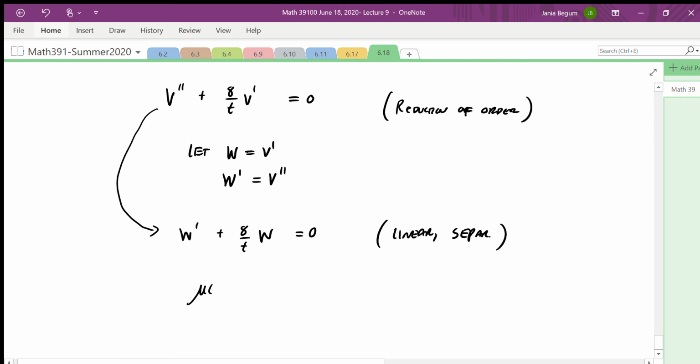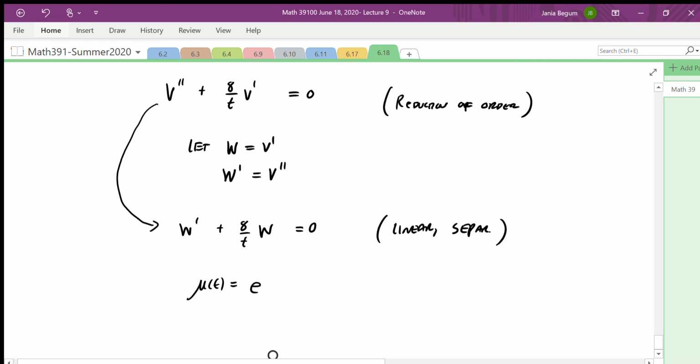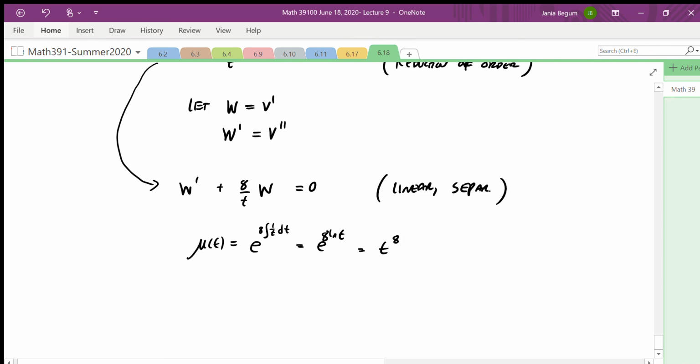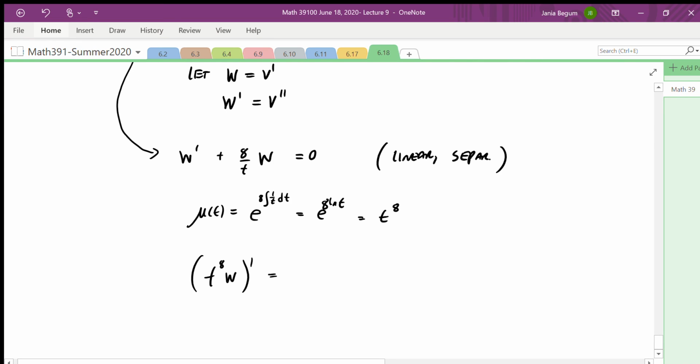So mu of t is going to be e to the integral of 8 times 1 over t dt. So that's e to the 8 ln of t, that will be t to the 8. Then we have t to the 8 times w, its derivative, on the left side, and the right side is 0 times that. That's just 0. Wouldn't change much.